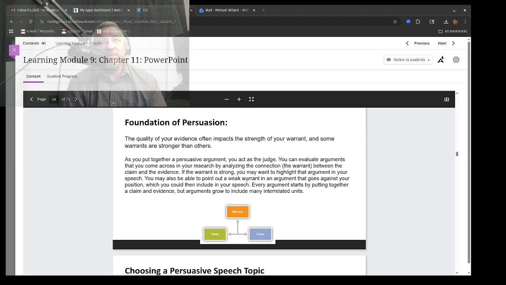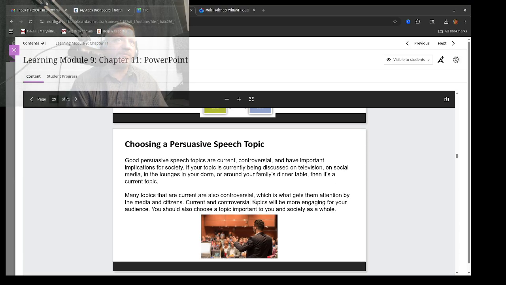Now, if you have a weak warrant, meaning your argument goes against your audience's position or feelings on something, you probably want to include that in the speech as well. It's giving people information. A persuasive speech is informing them, but then asking them to believe a certain way or do a certain thing from the information they gathered in the speech.